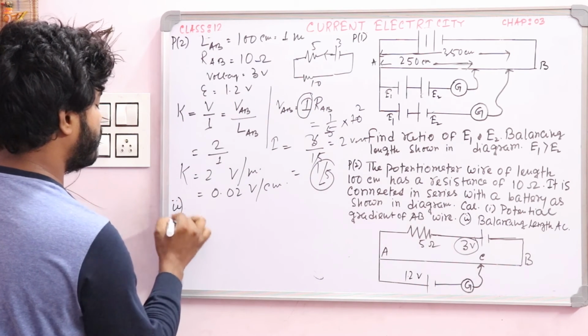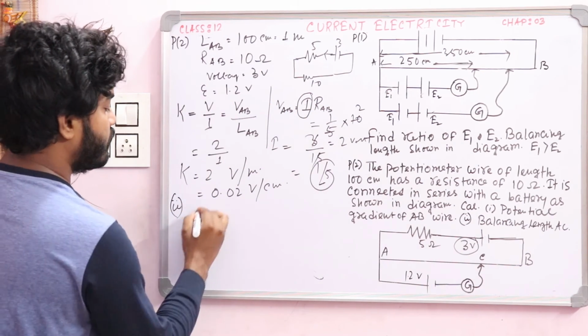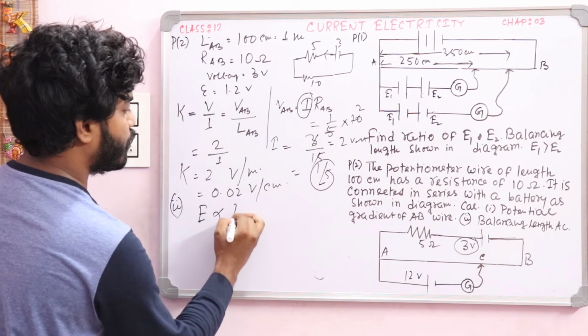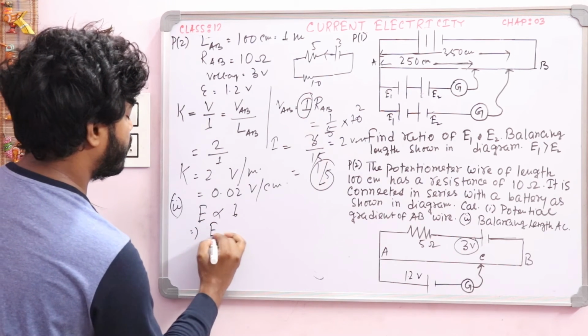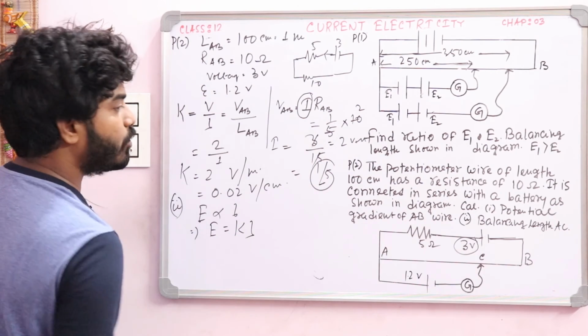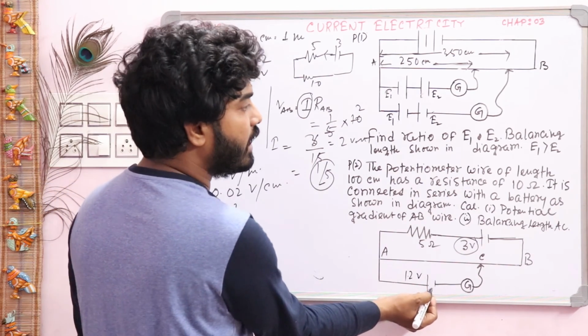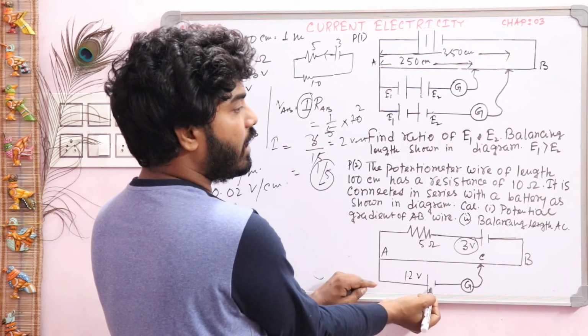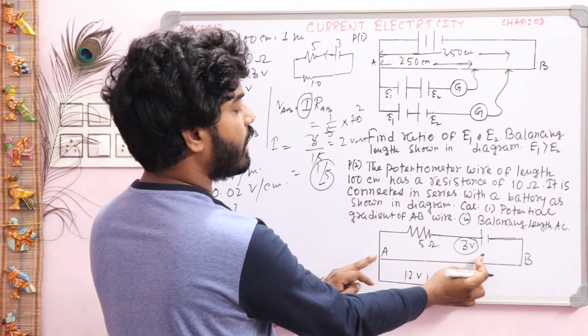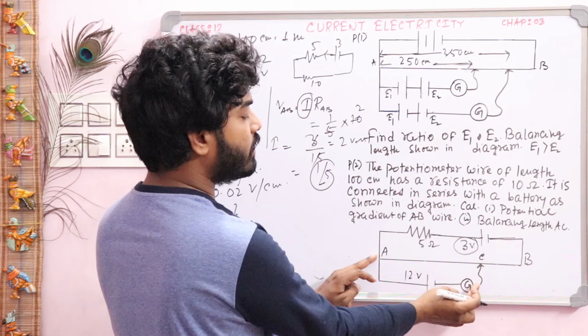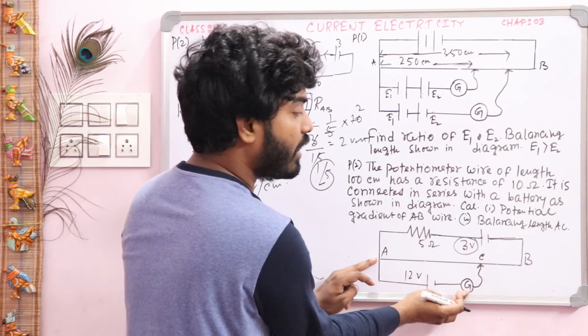So second question, balancing length AC, simple: E is directly proportional to L, that is E equal to K into L, according to the principle of potentiometer. This battery has EMF, suppose E, so obviously this E has a balancing length, that is AC, because for this length the galvanometer shows no deflection.